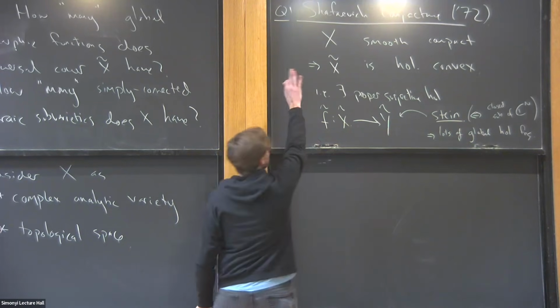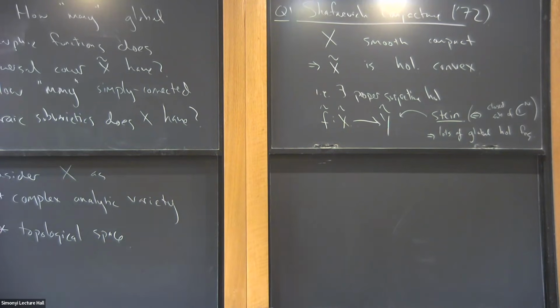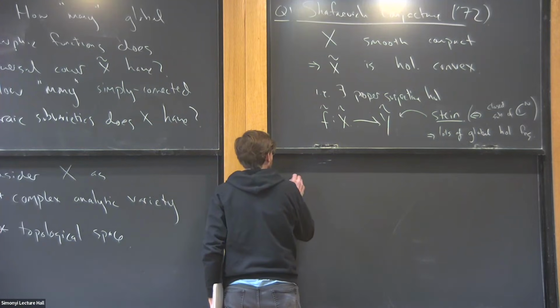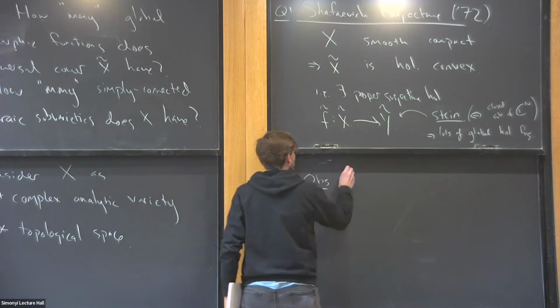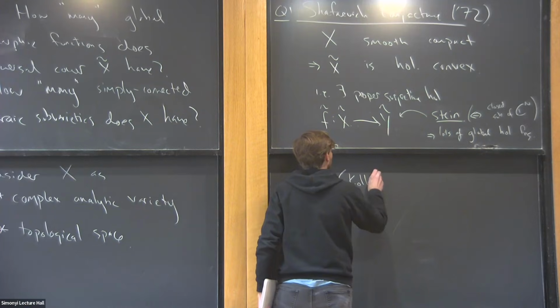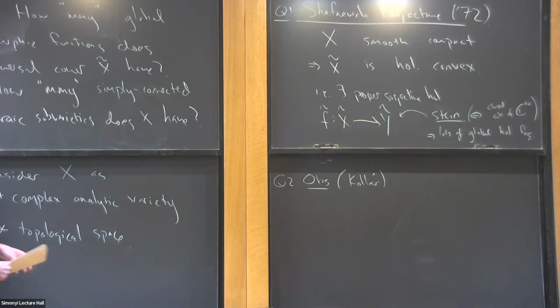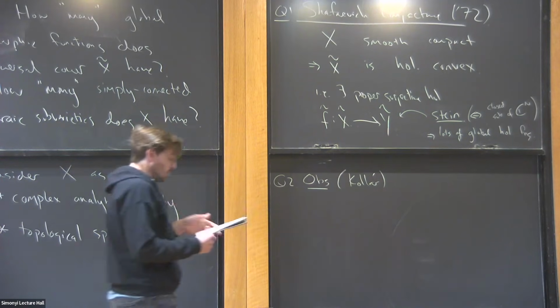Okay, so this is an answer in some sense to question one. What I want to point out is an observation that at least goes back to Kollár, which says that there's a relationship between this conjecture and question two, which is the following.